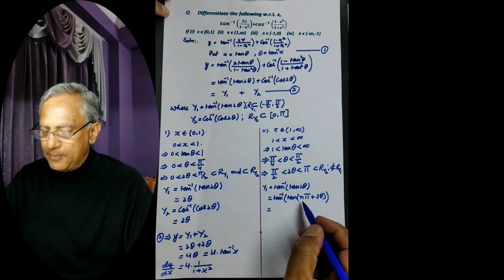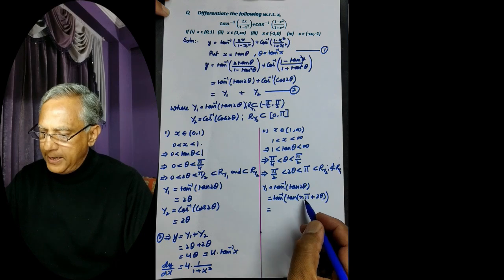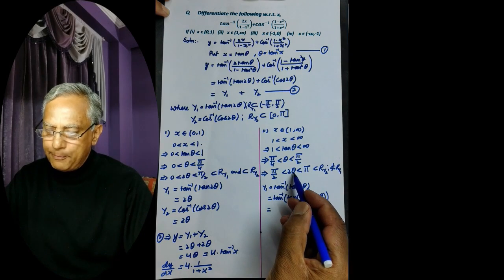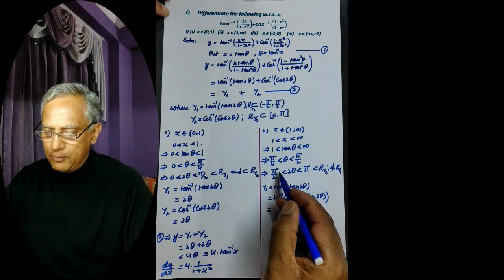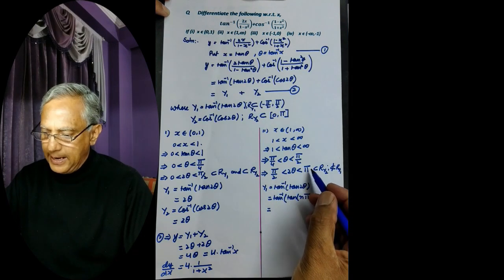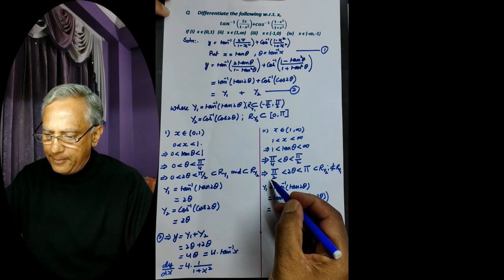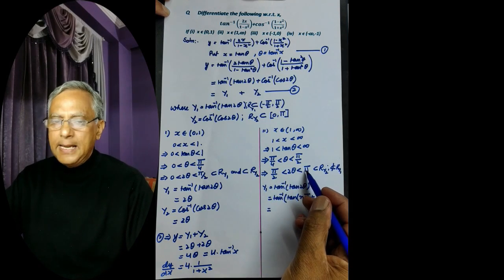So try some other value of n. n equal to minus 1. So this will be minus pi plus 2 theta. Subtract pi throughout. Pi by 2 minus pi is minus pi by 2, and pi minus pi is 0. So this will be minus pi by 2 is less than minus pi plus 2 theta is less than 0.